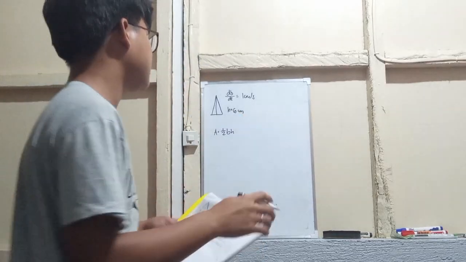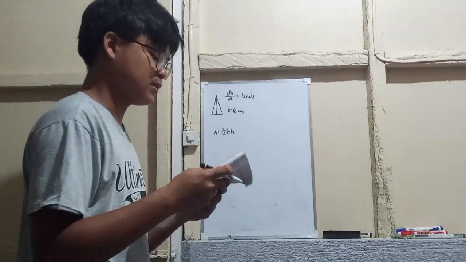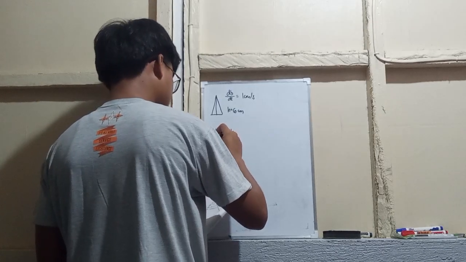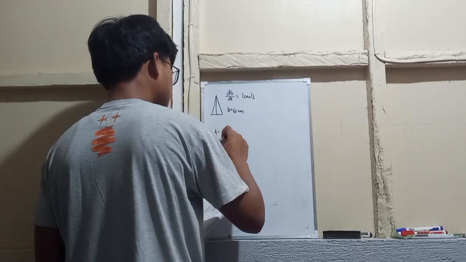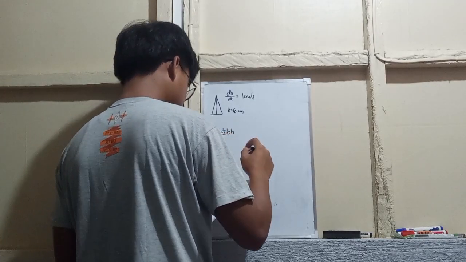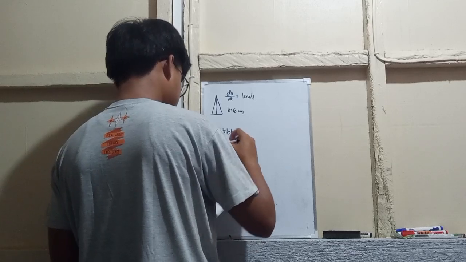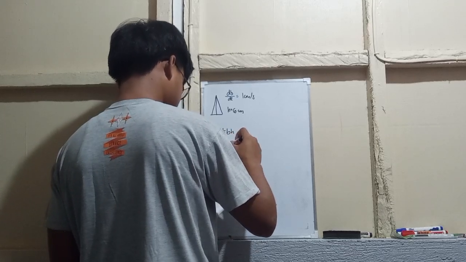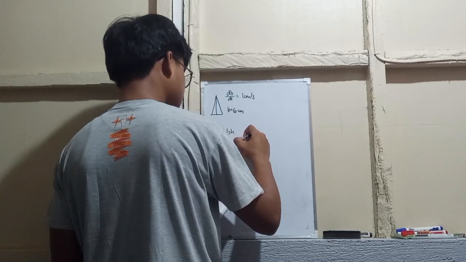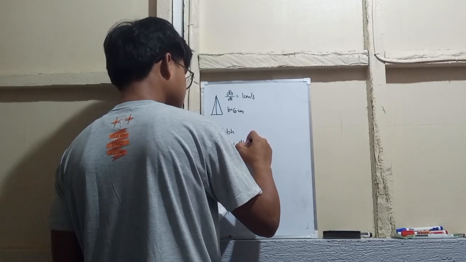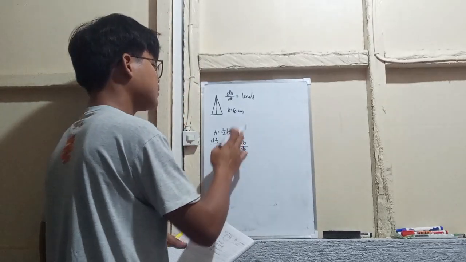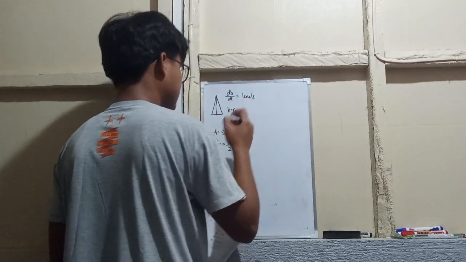So now that we have the given values, we will substitute them after we differentiate the formula. So dA over dt is equal to 1/2 h dB over dt.